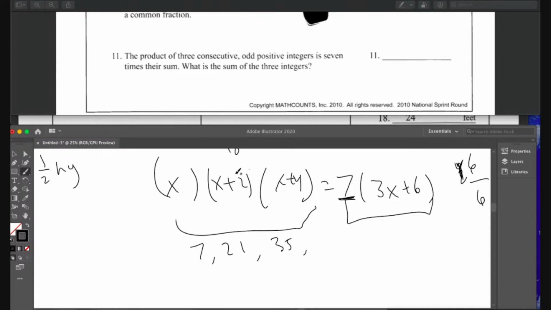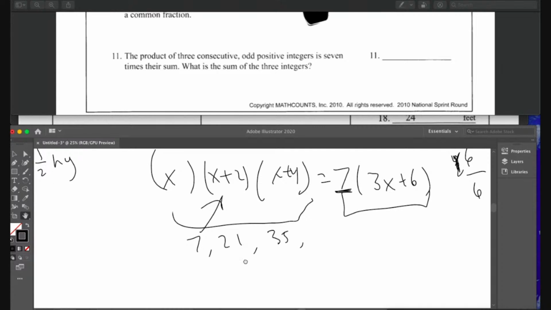Because this side is a cubic equation and this side is just a linear equation, depending on which side is bigger, you can see which direction you need to go, whether you need to make x smaller or larger. So testing 7 here would not be a bad idea. We could test 7 as the middle number.